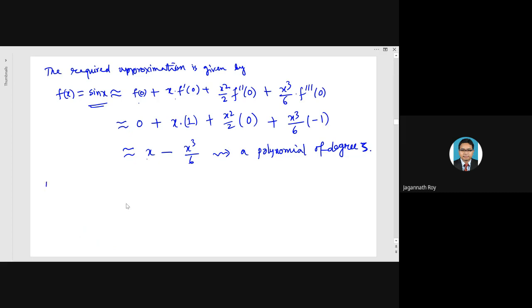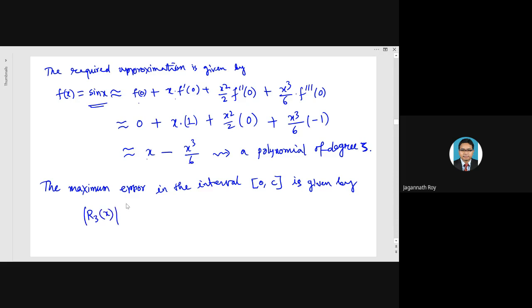So the maximum error in the interval zero to c is given by, what is the formula? This is R3. The absolute value of R3 of x is bounded by, so R3 of x, we have already calculated.